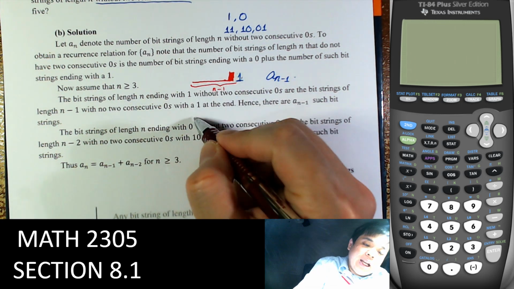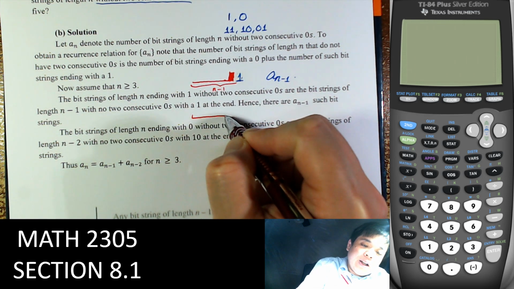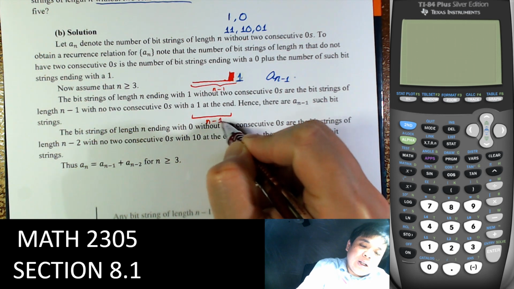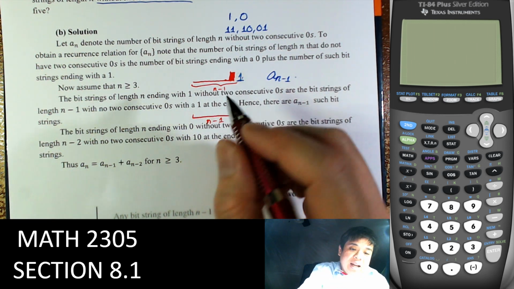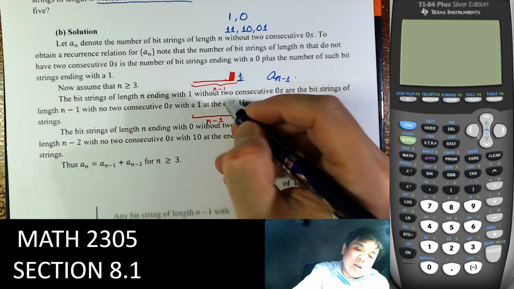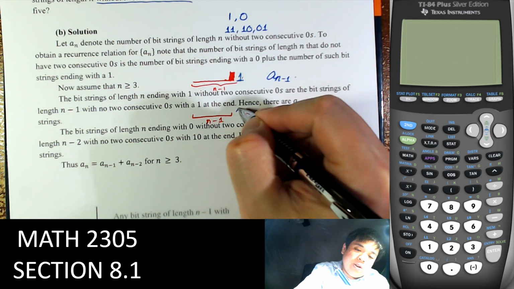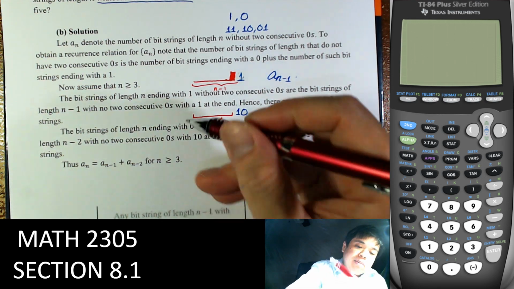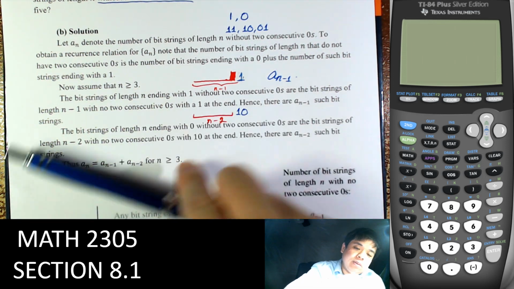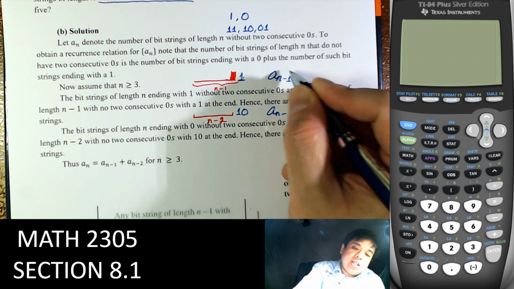Now, if we have the one that is only n minus 2, whatever it ends with, we're going to have 2 more. If we put 1 and 0, it's not going to have 2 consecutive 0s, guaranteed. And this is n minus 2. And we just add those two together.